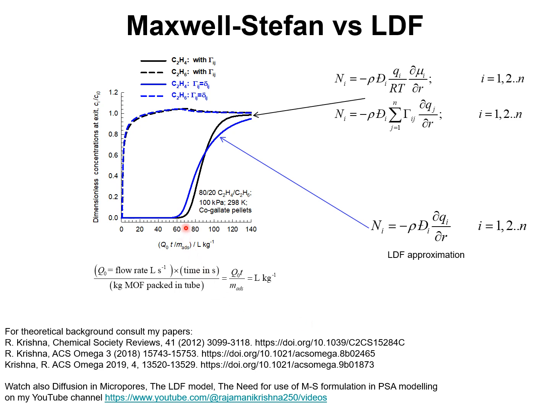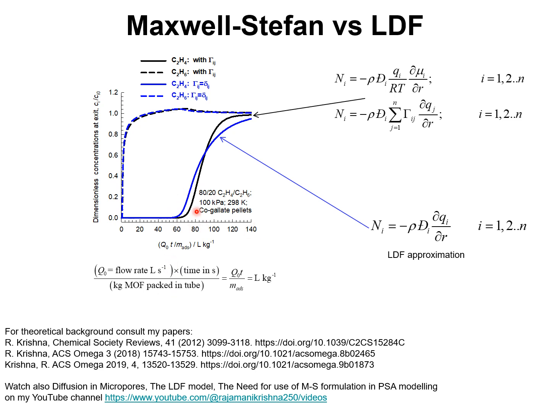We see that the separations are significantly better by adoption of the Maxwell-Stefan diffusion formulation. This is indeed the common theme that is observed for several different microcrystalline porous hosts, as is discussed in my published work.